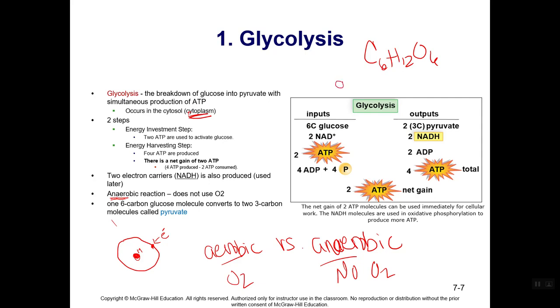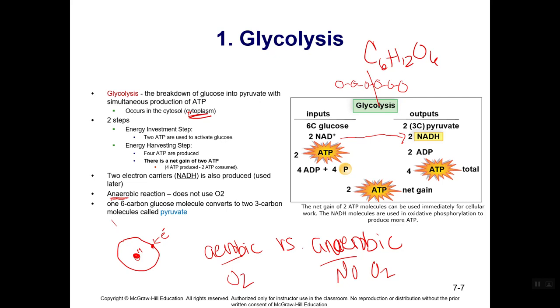So you can think of it like this. Each one of these little balls here are carbons of glucose. If we break it down, split it in half, now we have 2 3-carbon molecules, and those are pyruvates. Our NAD pluses have a hydrogen atom attached to them to form 2 NADHs.